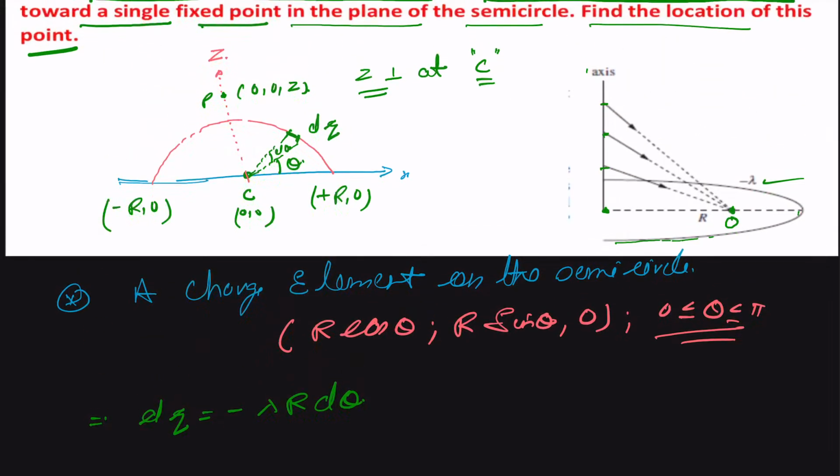And so let us join this point and call this distance r. Once again, this z is perpendicular to this plane, the plane in which our wire is lying. So from here we can clearly see that the axis is perpendicular to the plane in which the wire is lying.